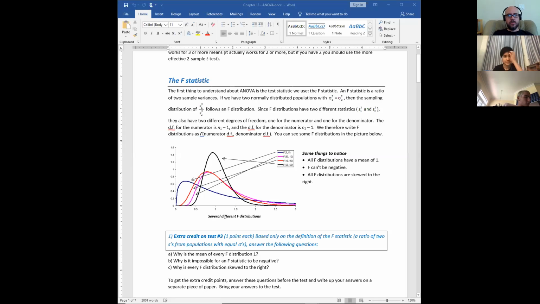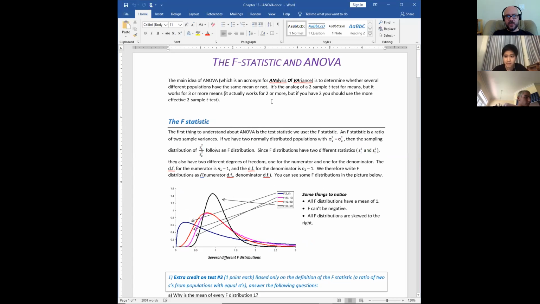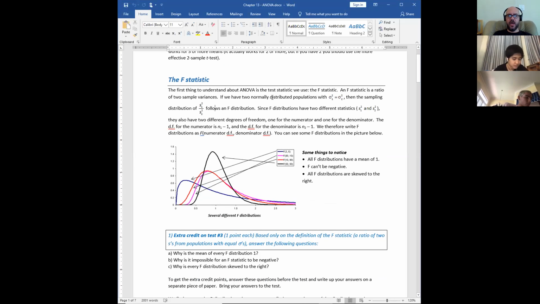All right, so to briefly start over here, the F statistic is the statistic we use for ANOVA. We're going to start with a simpler test called the two-sample F test, of which ANOVA is actually just a complicated kind of two-sample F test. The F statistic is what you get if you have two different normally distributed populations with the same variance, and you take a sample from each one of them.